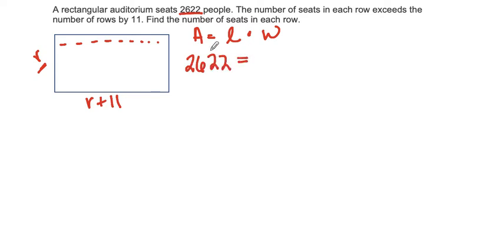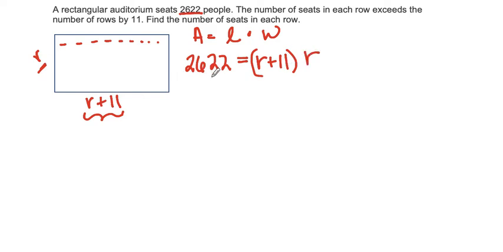And the length we can write as R plus 11. We have to put this in parentheses because once we get what R is, it's a single number, so we have to add this before we do anything else. And then we're multiplying times the width, which is R.